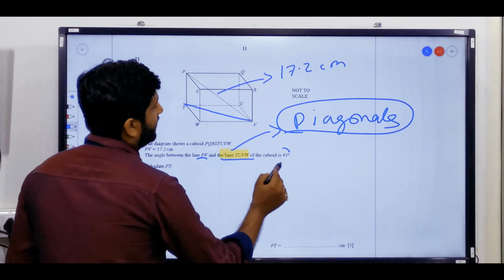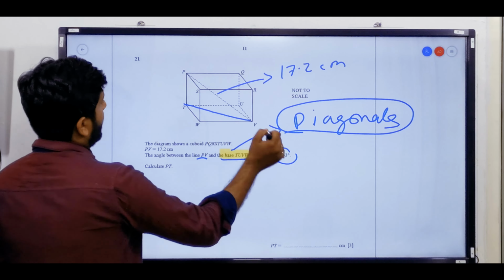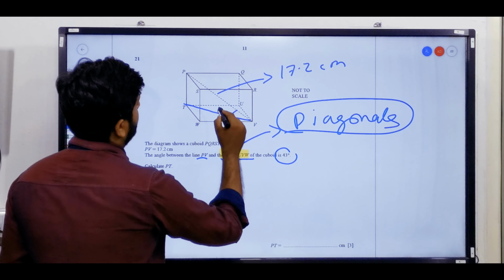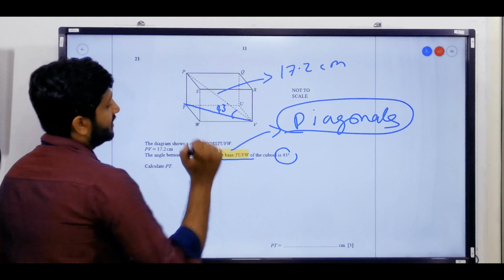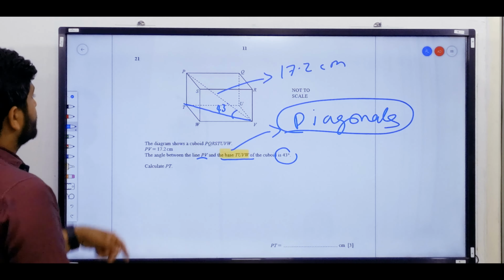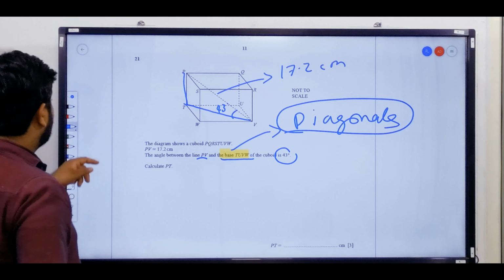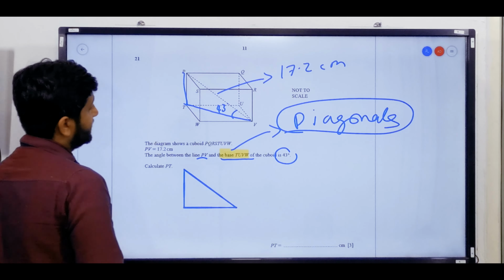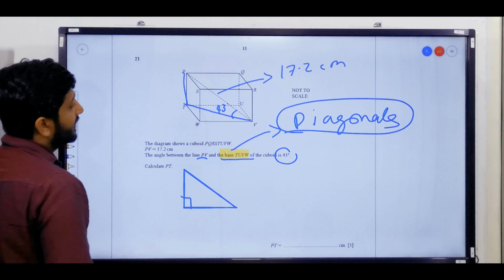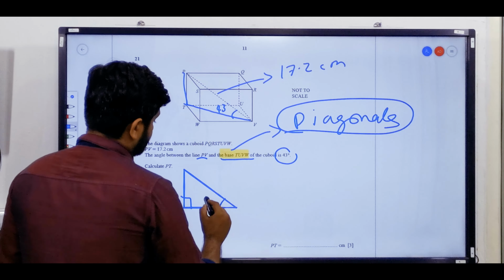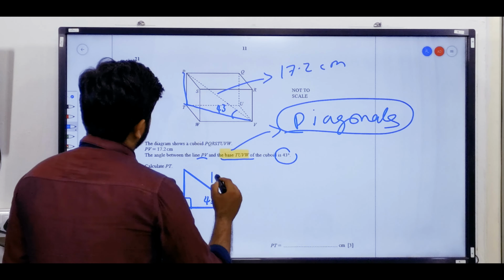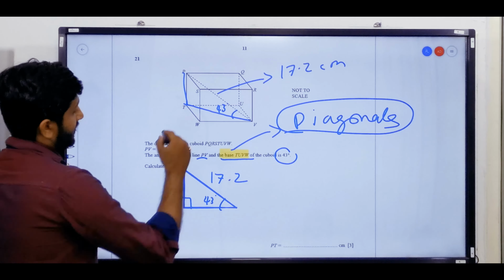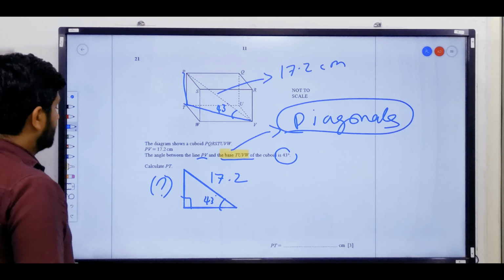So the angle between this diagonal and the line PV is 43 degree. So this is my angle, and we are supposed to find PT here. Now let me redraw this triangle here. This will look something like this, where this is my 90 degree, this angle is 43 degree, this is 17.2, and I have to find this.